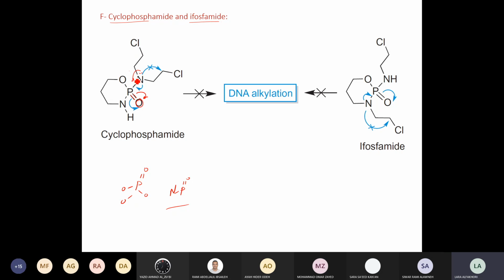It's not electron density جدا ضعيفة for this compound as drawn إنه يعمل attack على هاي الكربون ويتكون عندي corresponding aziridinium ion. Okay? يعني السايكلوفوسفاميد لو أنا for instance بدي أقيس experimentally هل بيتكون الأزيريدينيوم ايون ولا لا زي ما هو؟ لا.